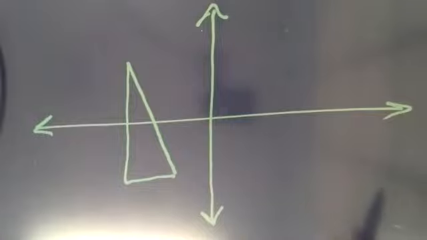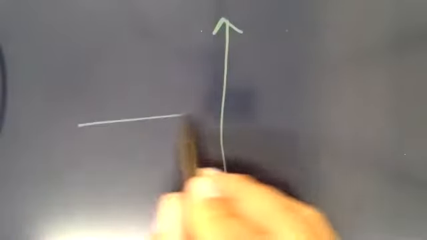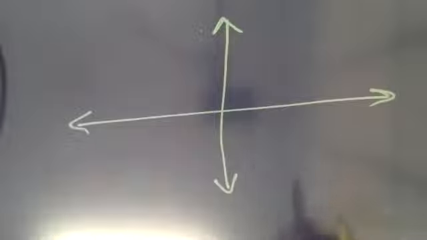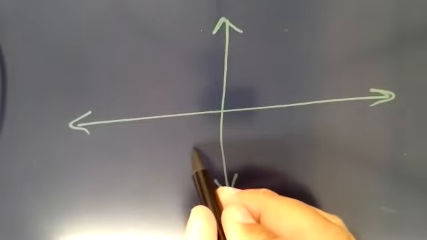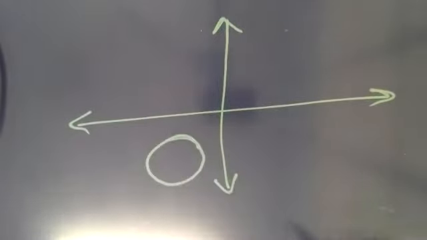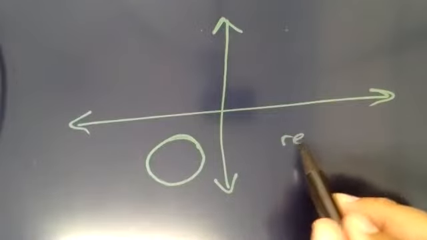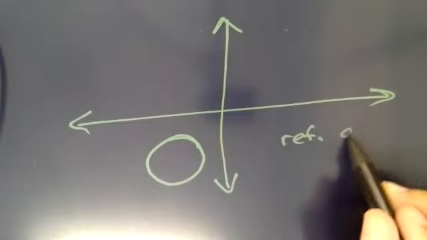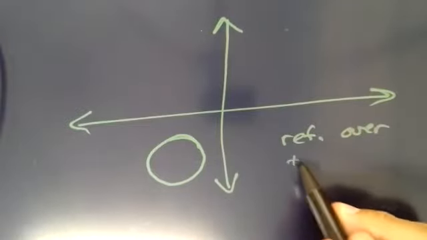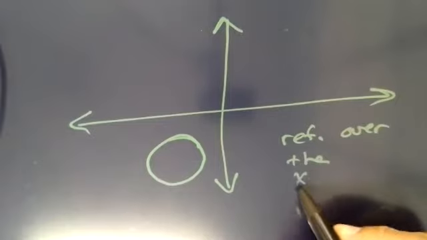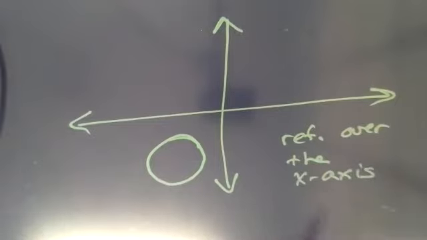So to be more specific, let me do it again, all right? Let's do something else. Let's say I have a circle, okay? If I do a reflection over the x-axis, will this circle fall on top of the circle?